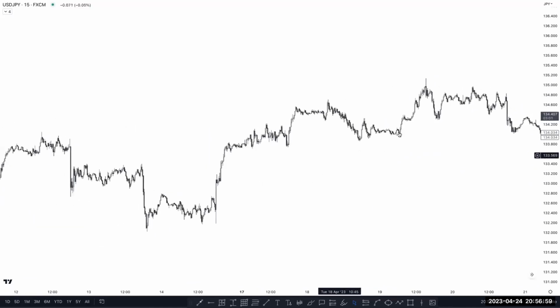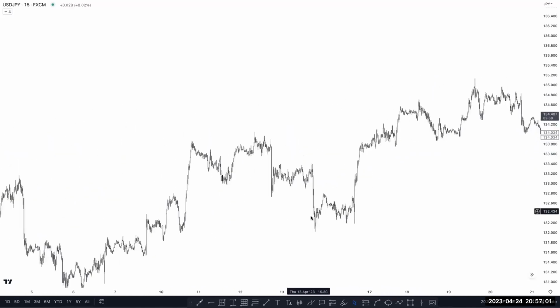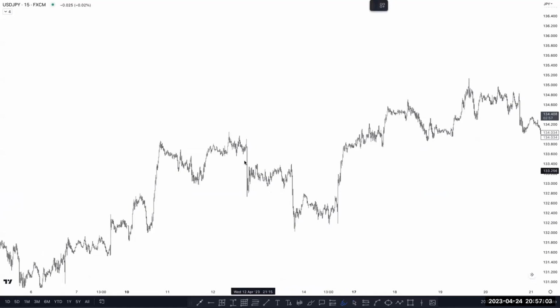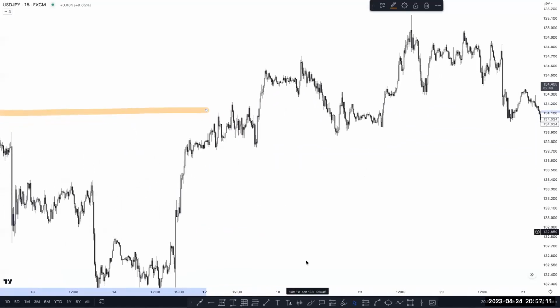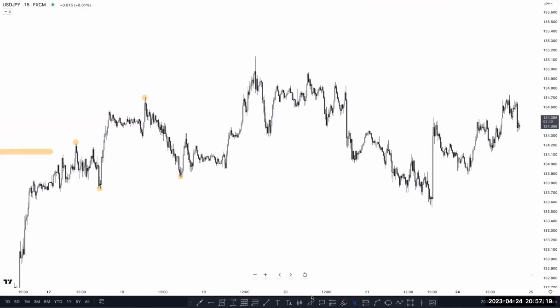USD JPY is bullish here. Higher high, higher low. Break of structure is here. And create higher high, higher low. Again higher high, higher low. Break of structure.